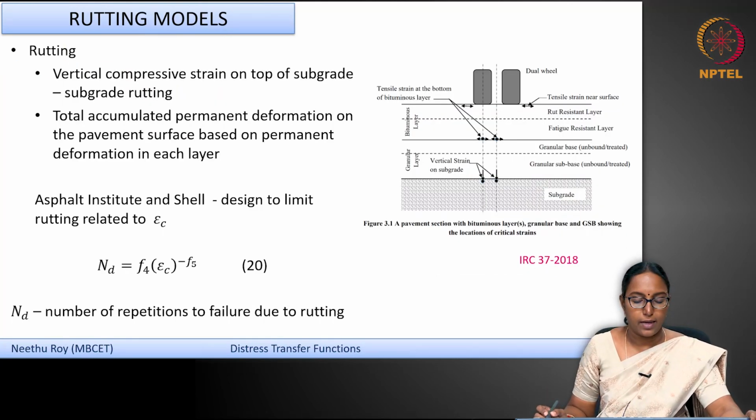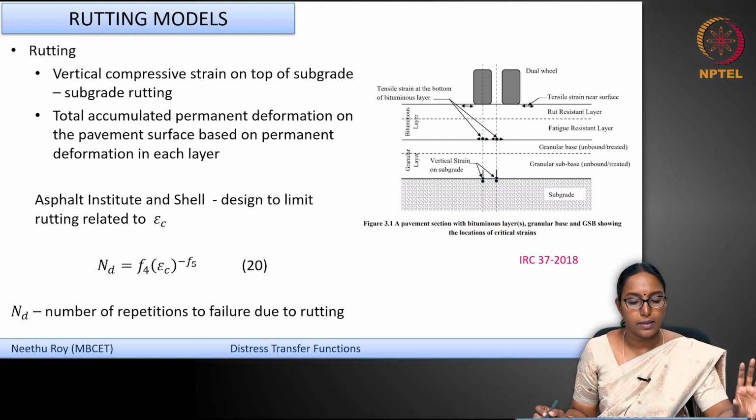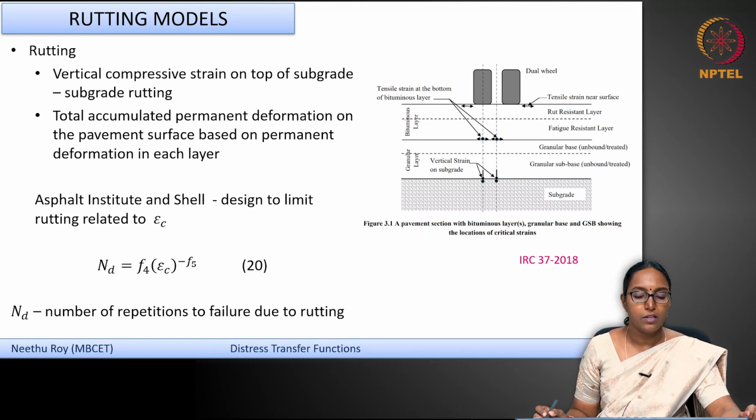Now, when I say rutting, as I said, this is the deformation that you see on the top pavement surface. There are two ways in which this rutting is modeled. The first one is that you consider the vertical compressive strain on top of the subgrade alone, which is called subgrade rutting.